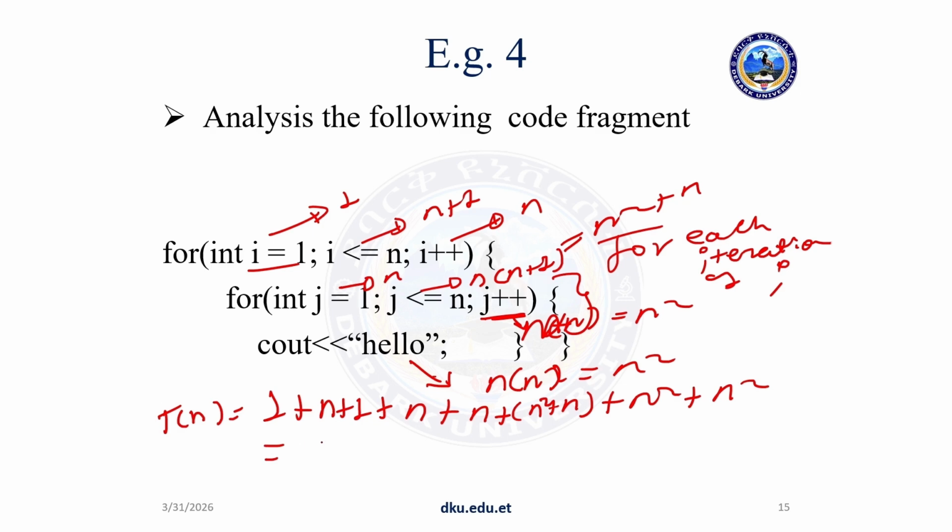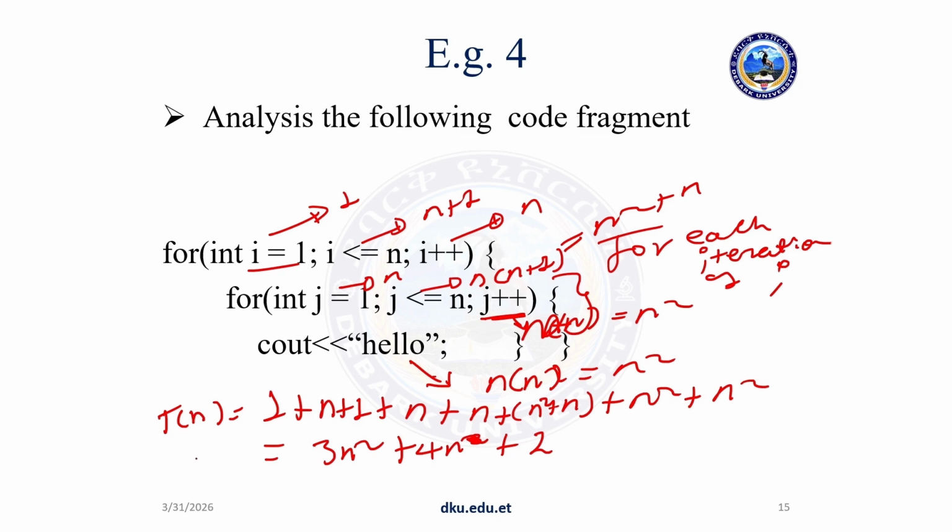So which is equal to, we can simply add, 3n square plus 4n, not 4n square, it is 4n, plus 2 plus 2.